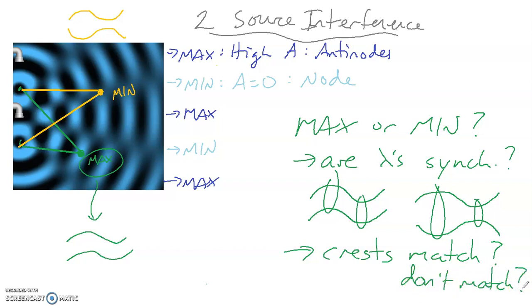Are you in crest on crest, or are you in crest on trough from those two sources? Because that's what's going to dictate whether or not you're going to have a high wave or a low wave. Okay, so it's all about not positioning from one source, it's your positioning from both sources. At your location, what kind of wave are you getting from one place? What's the wave you're getting from the other place? And how well those two waves overlap. Okay, so we'll be looking at that type of thing next.